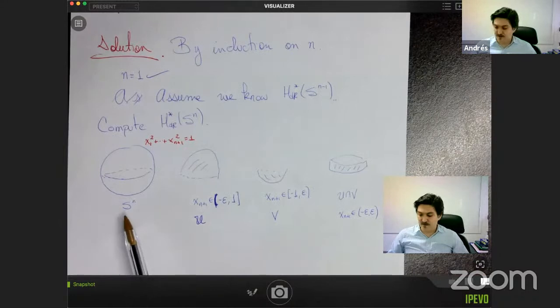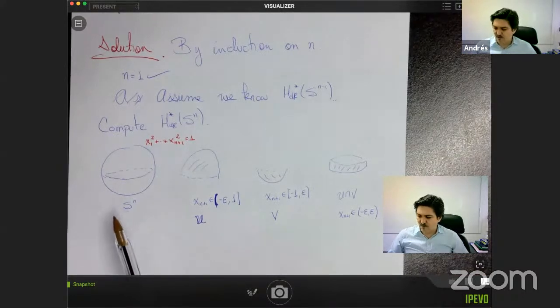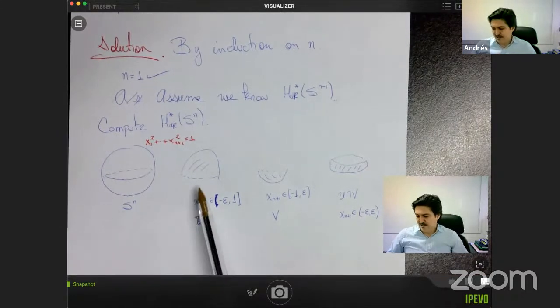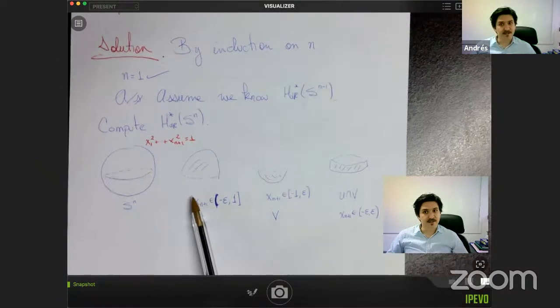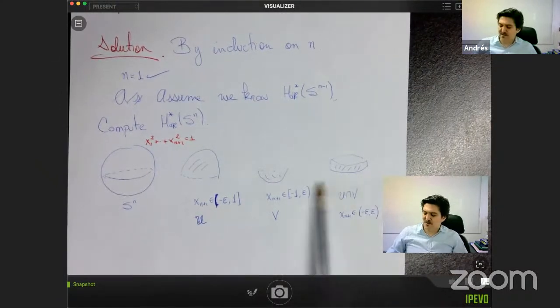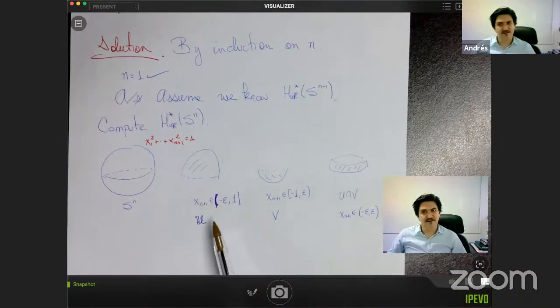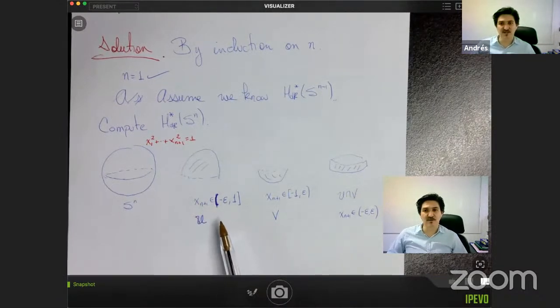Now, we want to compute the cohomology of this, and we need to come up with two open sets that cover the manifold. The whole idea is that for the other three spaces, we should know the cohomology of them.